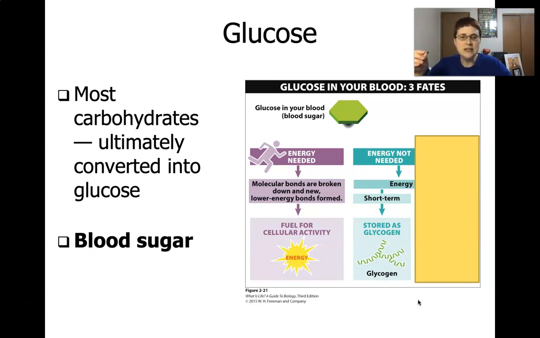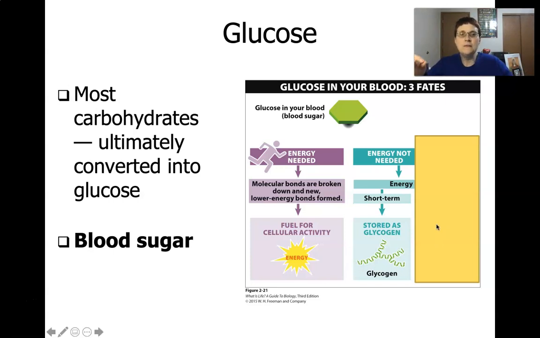If you squint, you might notice that these are little hexagons. So it's stored as glucose in strings, basically. That way, in case you haven't eaten recently, you've got this energy store that you can immediately grab and start using.